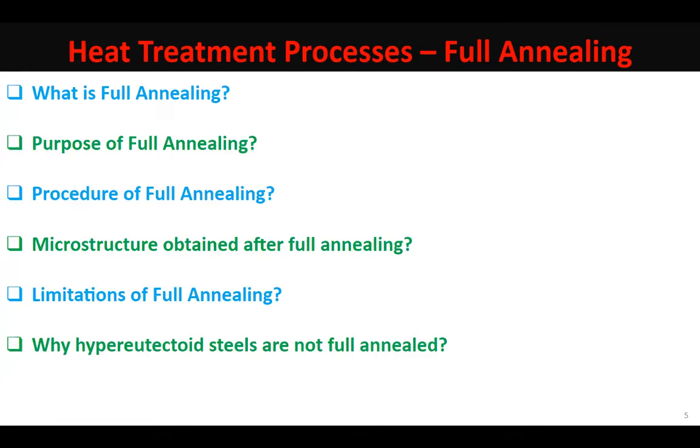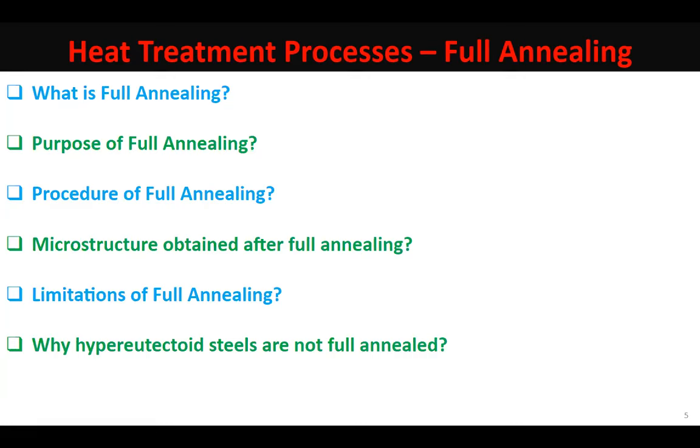And once full annealing treatment has been given, your steel will have a beautiful grain structure. Your steel would have very good toughness. Your steel would have very good ductility. For 0.3 to 0.4 percent carbon steels, the best machinability would be there when they are in the full annealed state.